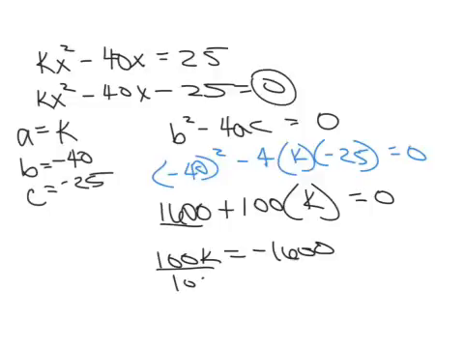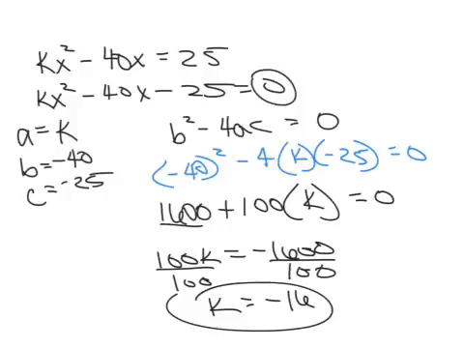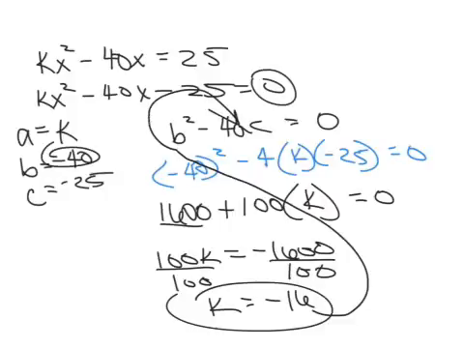Divide by 100. And k then has to be negative 100. Well, no, it's actually going to be negative 16. So when we take negative 16 and plug it in for our A, and plug our negative 40 in for our B and negative 25 in for our C, we will get 0 for an answer, and that's what they're looking for.